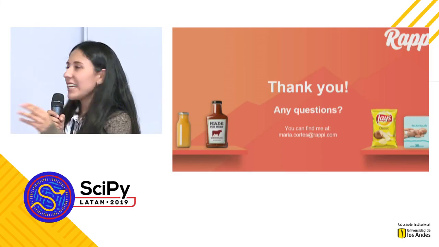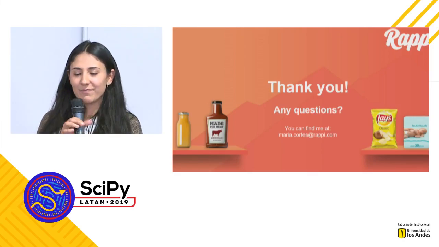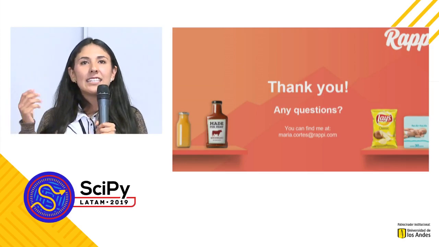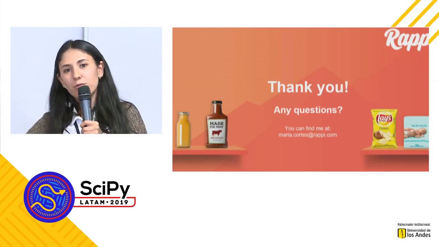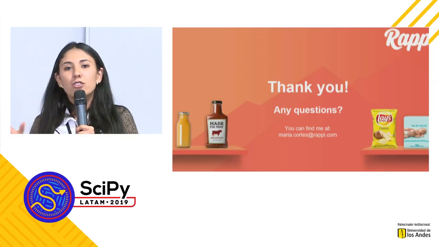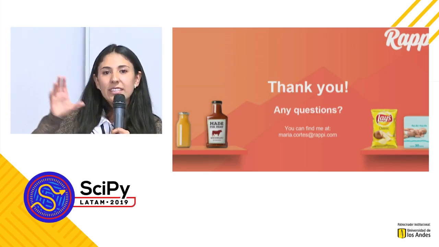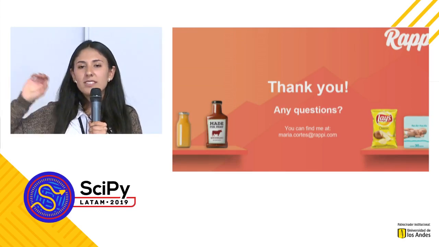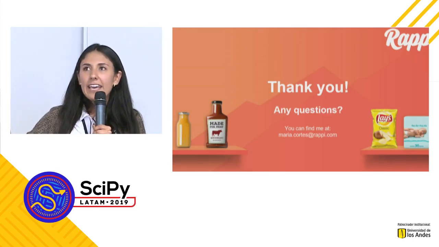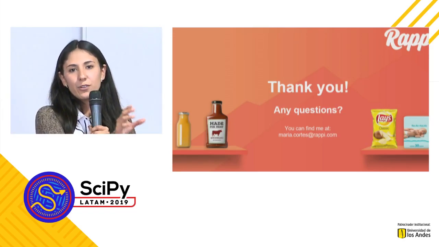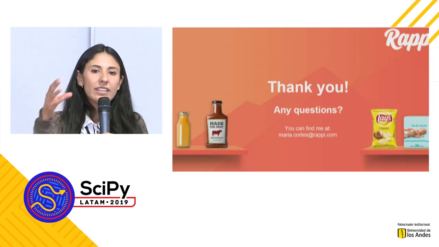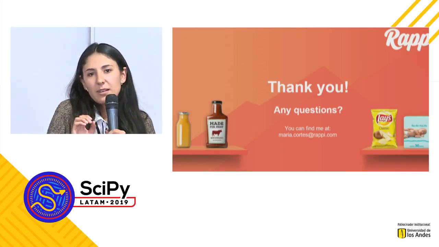For this project, I didn't say it clearly, but this project was just for new users that had between 1 to 4 orders. So we just wanted to target these users. What we did was take a sample of users that were active in Rappi, and we looked at their first 4 orders to train our models. So it was just a sample.